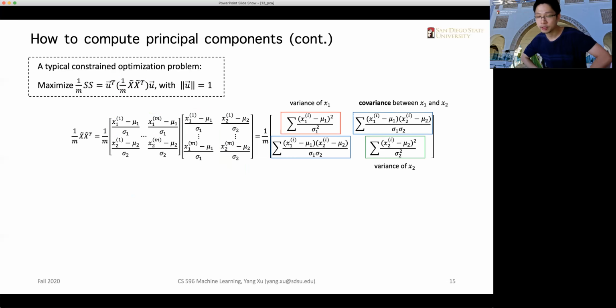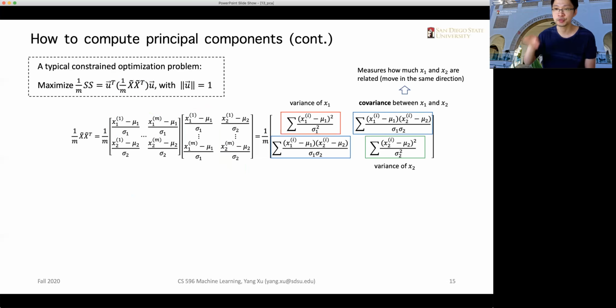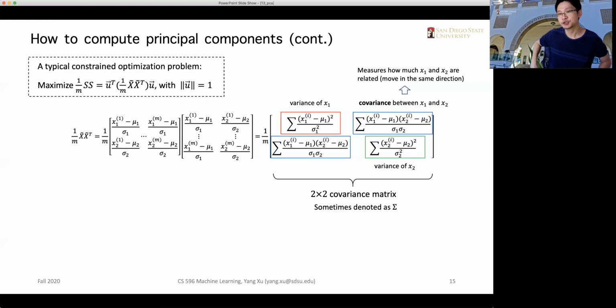We give them the name covariance between two variables, because it is the difference from x1 to its mean times the difference from x2 to its mean. So it's not the variance of one variable, but the covariance of two variables. It basically measures how the two variables are related, that is, how they move in the same direction. Okay, so the covariance can be positive or negative. If it's a positive value, that means the two variables change in the same direction.